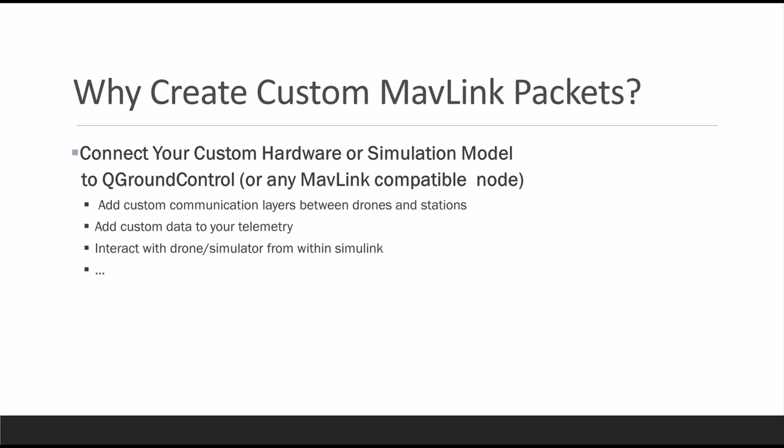You have a specific sensor on your drone that you want to send data from to the ground station. You might need a custom MavLink packet. Or maybe you want to interact with your drone in a simulator with Simulink. Or maybe you have created some special commands and you want to send those commands to your ground control station. Remember, you could even create some modules for your Pixhawk as well.